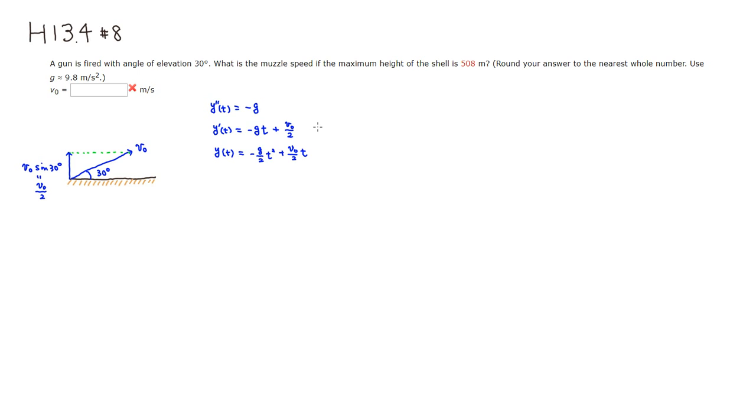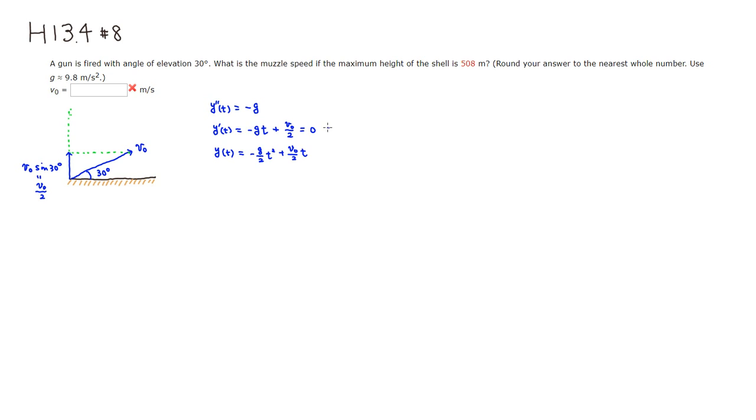Now the bullet goes up like this, and then it has to come down. Actually, it's going to have a trajectory. If you look from the side, it goes up and comes down. So at the highest point, the velocity in the vertical component is equal to 0. So we can set this equal to 0.